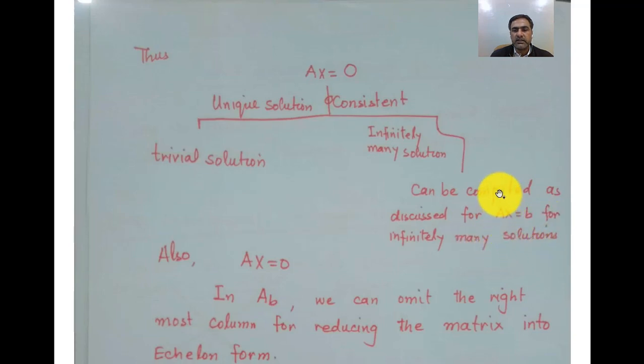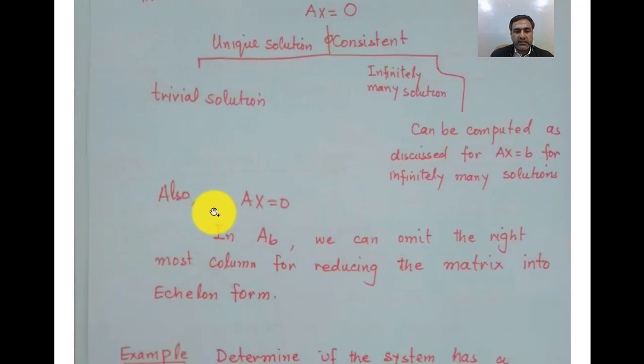And we will see that we are most of the time interested in non-trivial solutions. For example, at the end of today's lecture, we will have an example where we will be interested in a non-trivial solution of the linear system. Similarly, in future, we will need them in transformations, in vector spaces, and in eigenvalue problems.